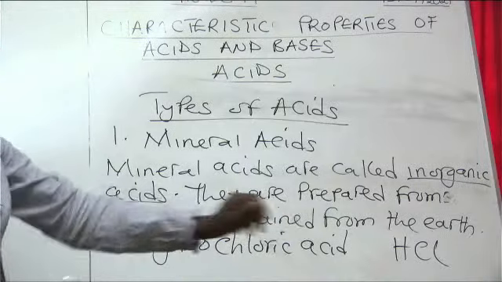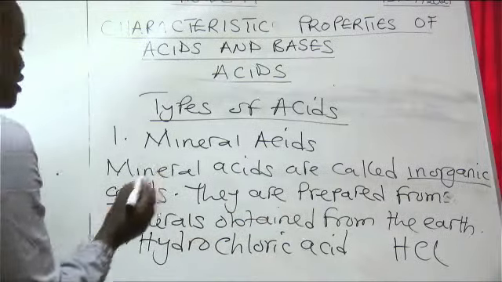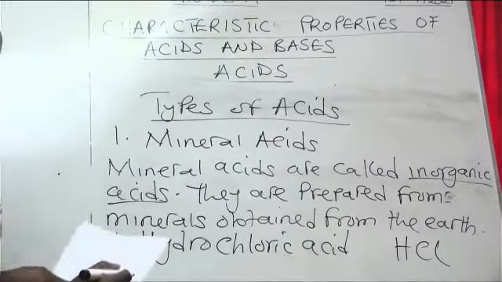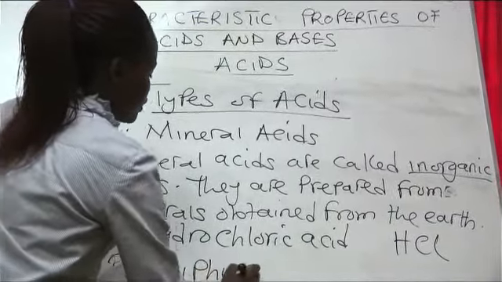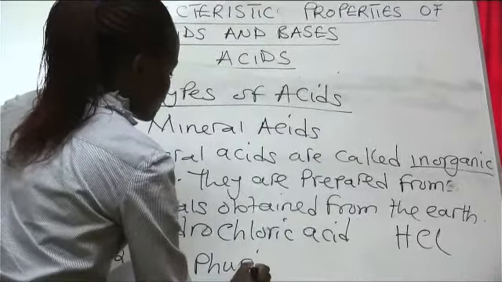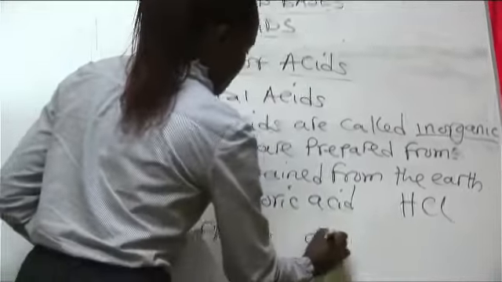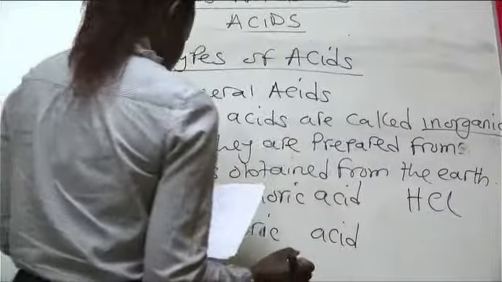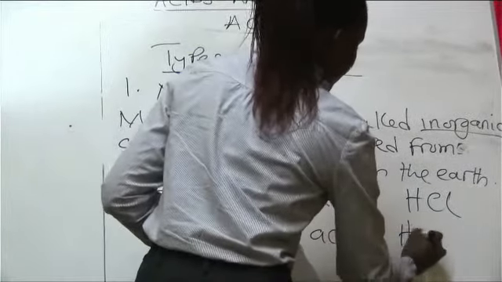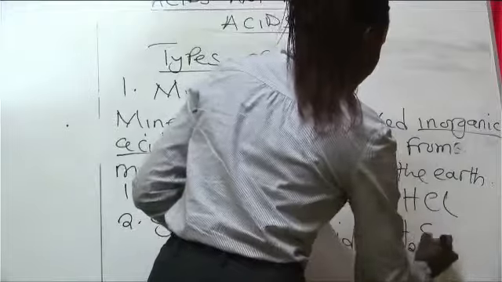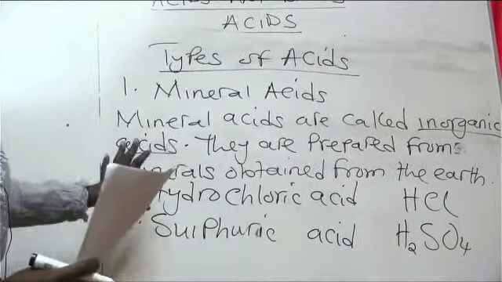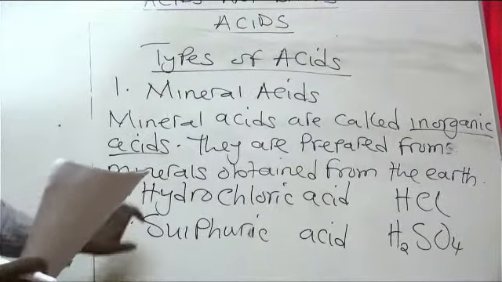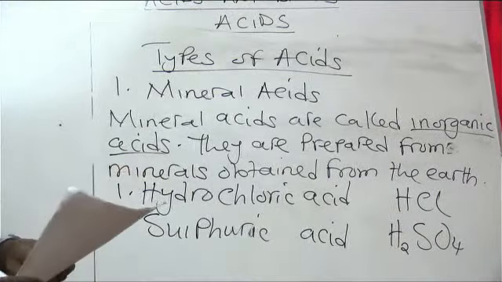HCl is the symbol for hydrochloric acid. Then the second example we can have is sulfuric acid. Sulfuric acid has the symbol H2SO4. It's a mineral acid. It is prepared from the minerals obtained from the earth.